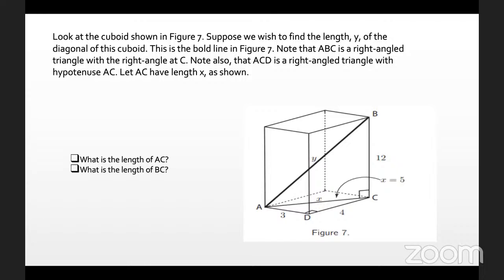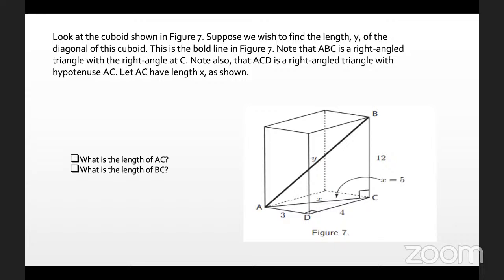Is the scenario the same? Are you finding the same side or not? Yes, Miss, the same. So would it be the same scenario that you're looking at? When you found X, what side were you finding? The hypotenuse. Good.